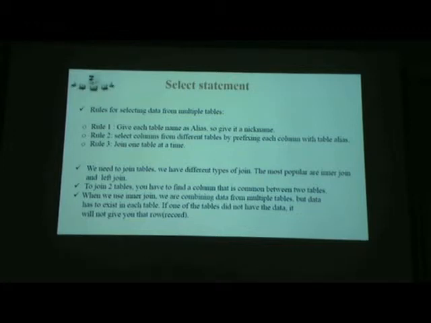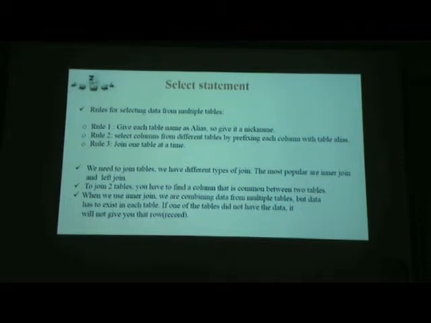So for example, if you have a student table, a courses table, a dorm table, and a dorm student table. The dorm table will have the dorm ID and the dorm name, and dorm student will have the student ID and in which dorm they live. Some students don't live on campus.